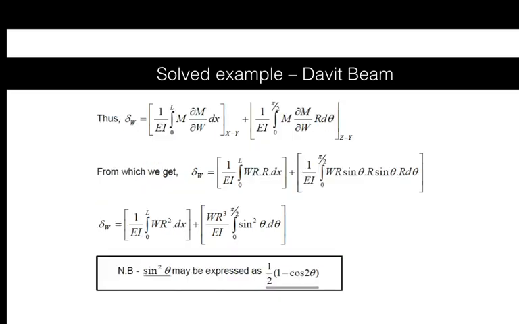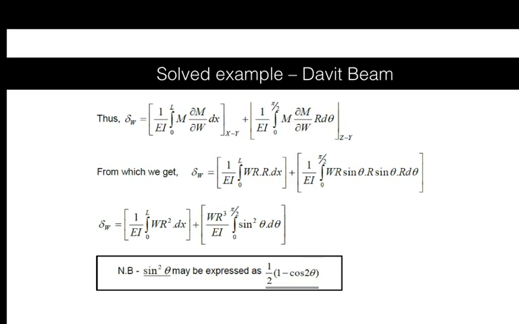So after integrating, you can get delta W equals 1 over EI integral 0 to L of M into dM over dW dx. This is from X to Y, and 1 divided by EI integral 0 to pi divided by 2 of M into dM over dW R d theta.